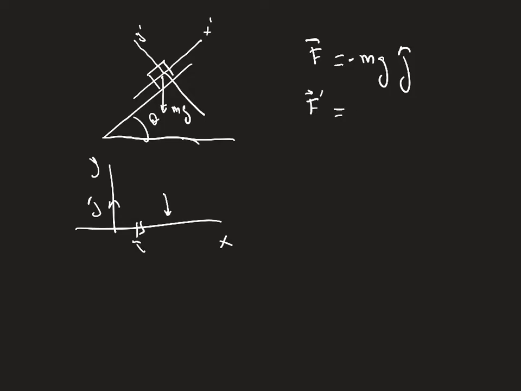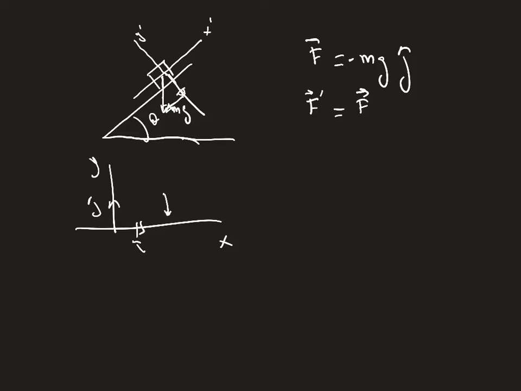Of course the force in the prime system is the same force. It's only that we have to find the components of the force in this system, X prime, Y prime.